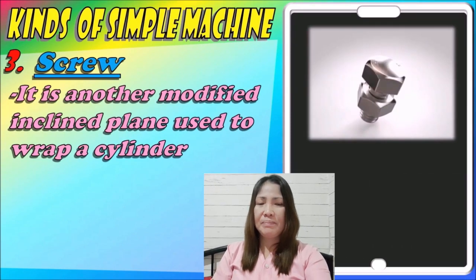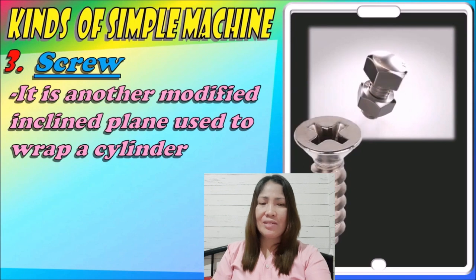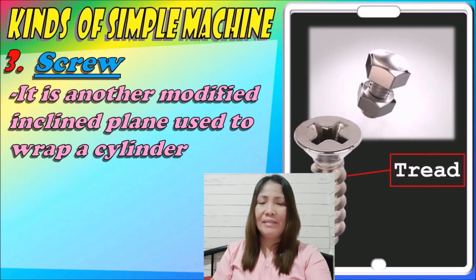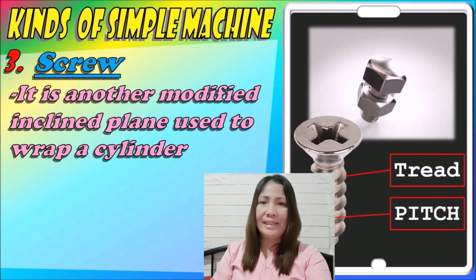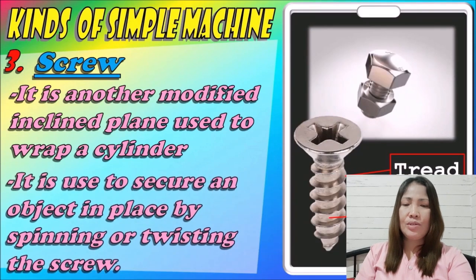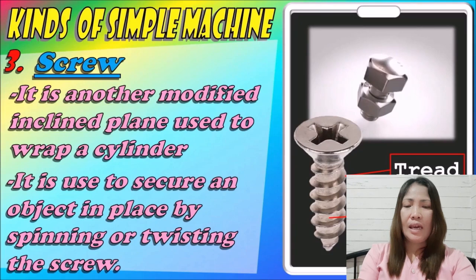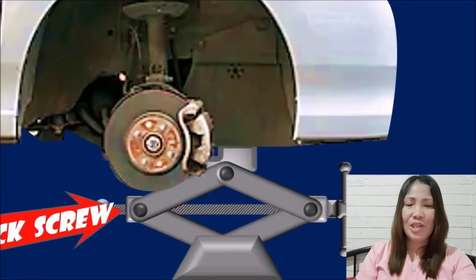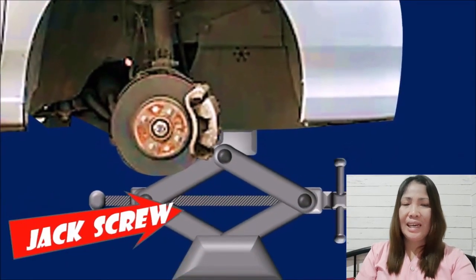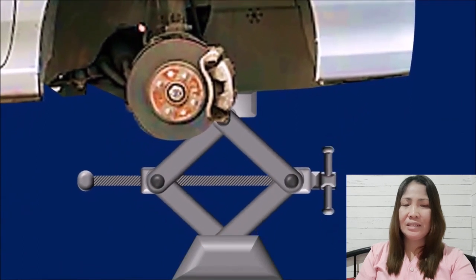Closely observe the picture. There are lines or cuts in between the screw. This is called thread and pitch. It is used to secure an object in place by spinning or twisting the screw. An example is a jack screw. It can lift heavy cars.